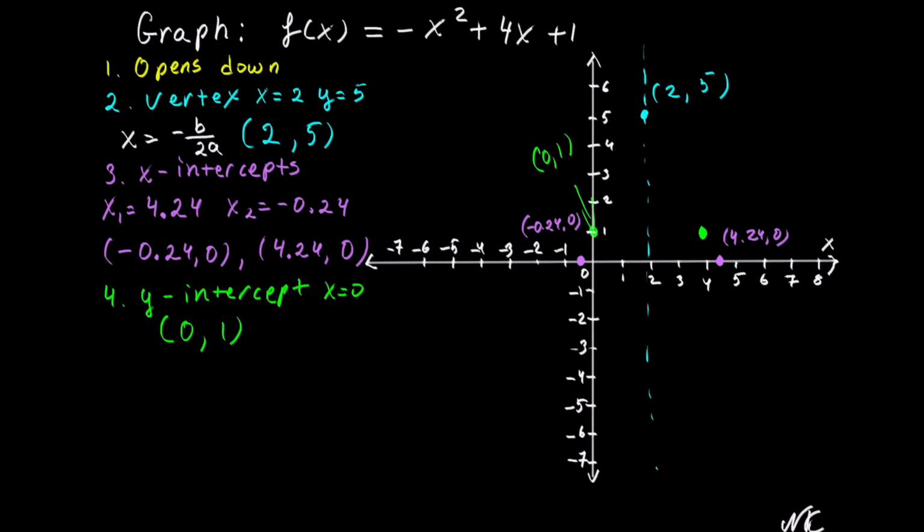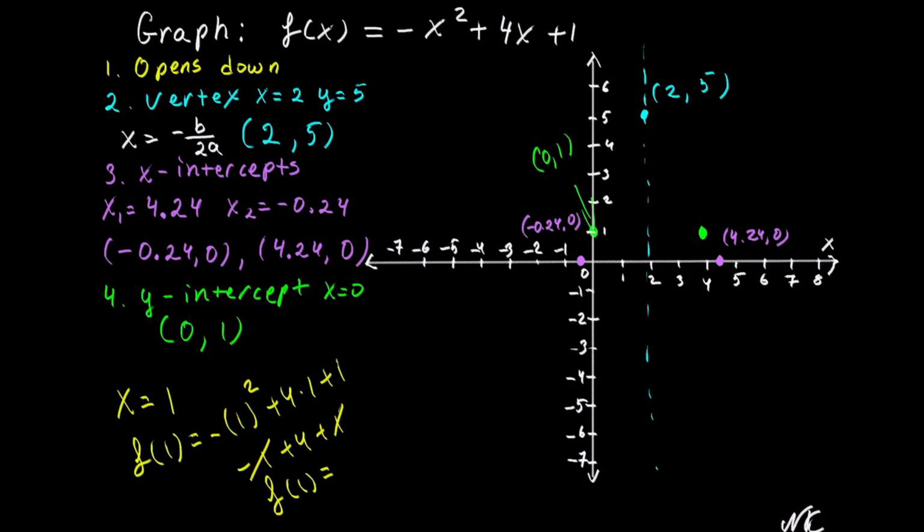We can also plot additional points, so I'm going to find out what happens at x equals 1. Let's calculate f of 1, which is negative 1 squared plus 4 times 1 plus 1, and this gives us negative 1 plus 4 plus 1. So negative 1 plus 1 adds up to 0, and we get f of 1 is equal to 4.